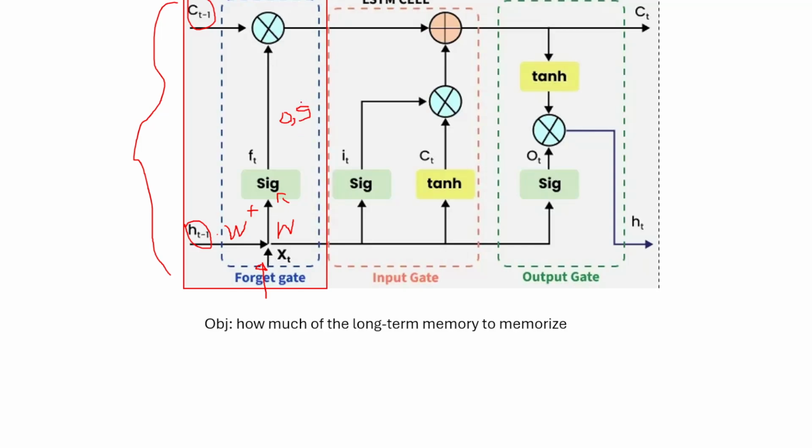We multiply this 0.5 by the previous long-term memory. So we're basically saying that we will keep half of the long-term memory that we have. So let's say the value of the previous long-term memory is 10. We will only keep 5. This is the objective of the forget gate.